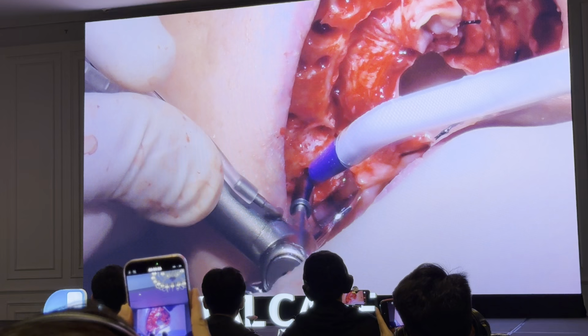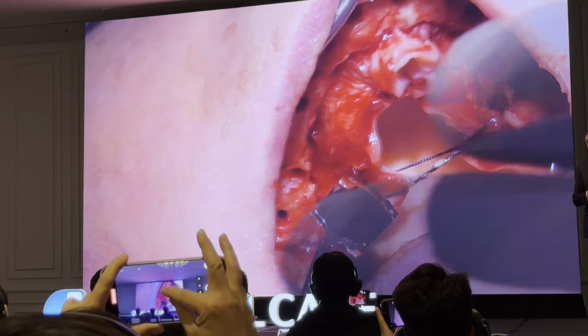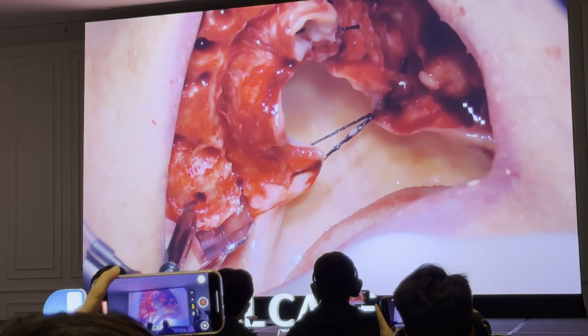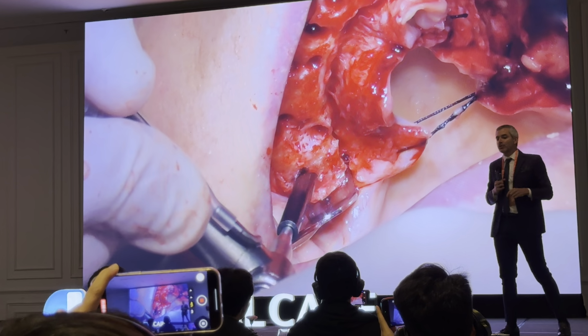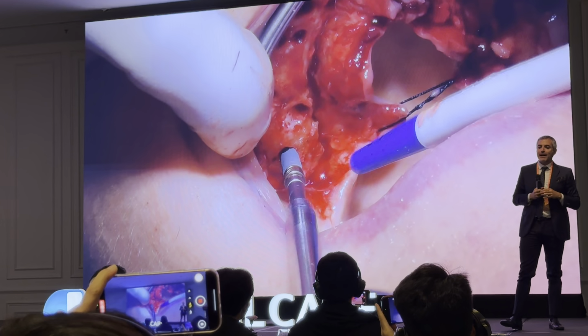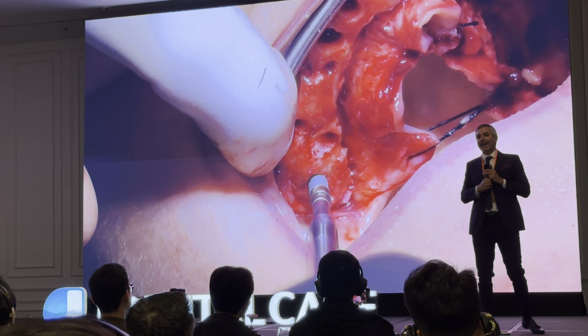And no water is not risky, because the temperature and the overheating of the bone is directly correlated to the pressure. So I follow the protocol 2.0, 2.4, and then I use the 3.2 bur in order to enlarge the most coronal part, and I put my pterygoid implant freehand.